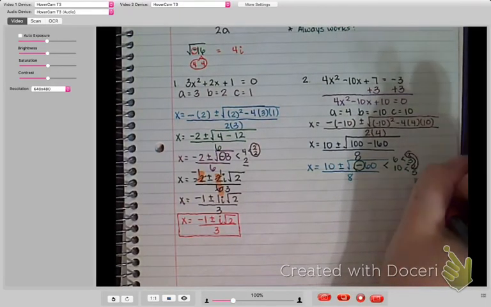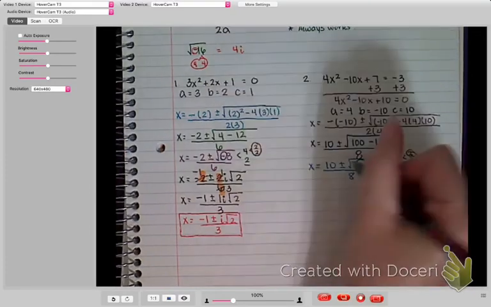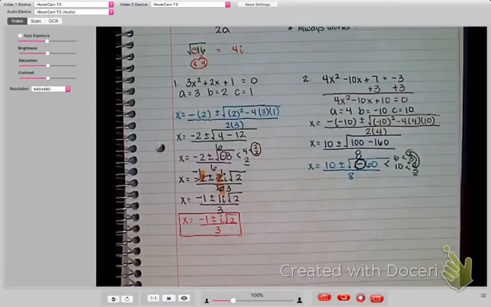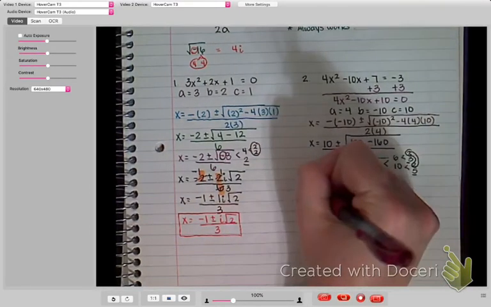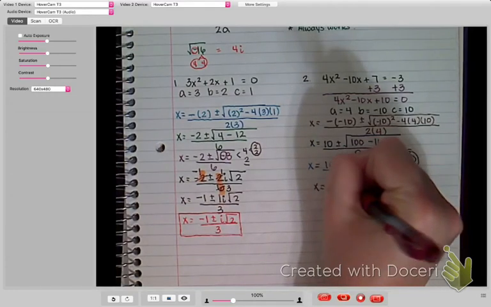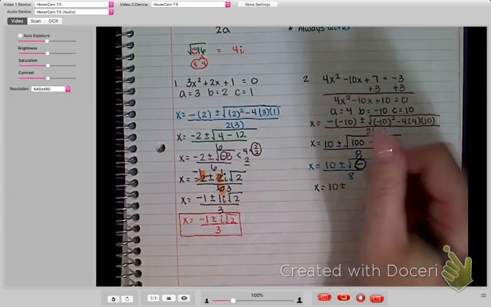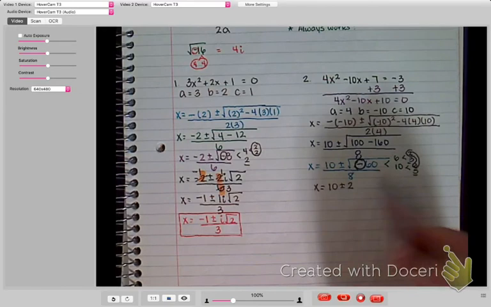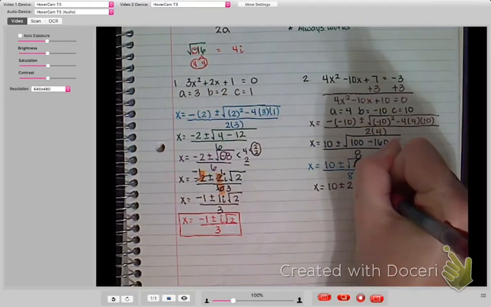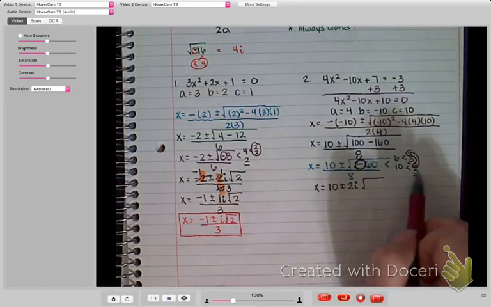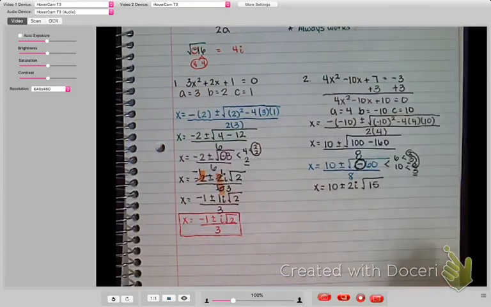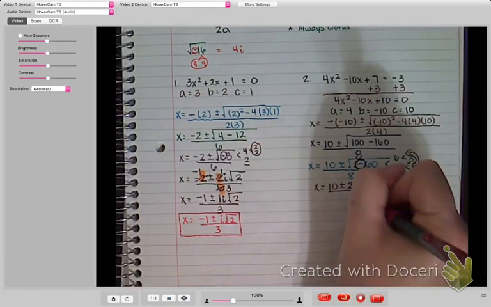I have a leftover 3 and a leftover 5. And again, I have this negative that I'm going to pull out. So x equals 10 plus or minus. My pair of 2's comes out. My negative comes out and becomes an i. And left over I have 3 times 5, which is 15, all over 8.